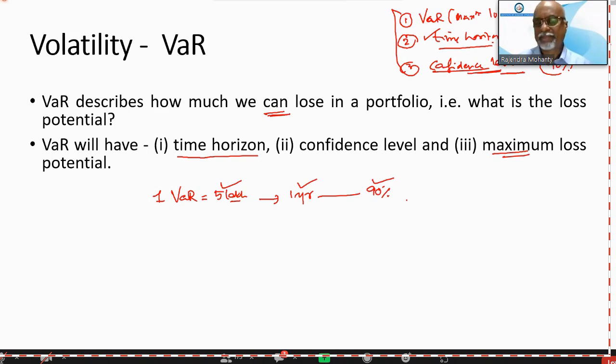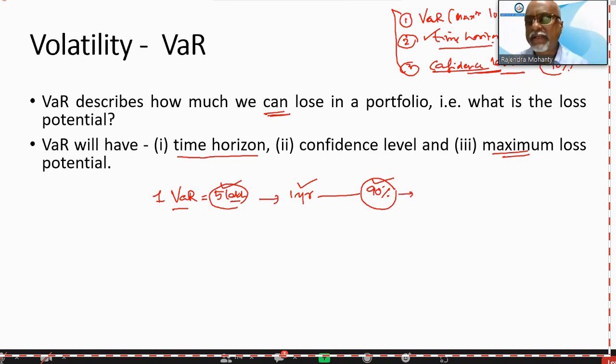That means within a period of 1 year, on 90% of the days my investment will not cross a loss of 5 lakh.